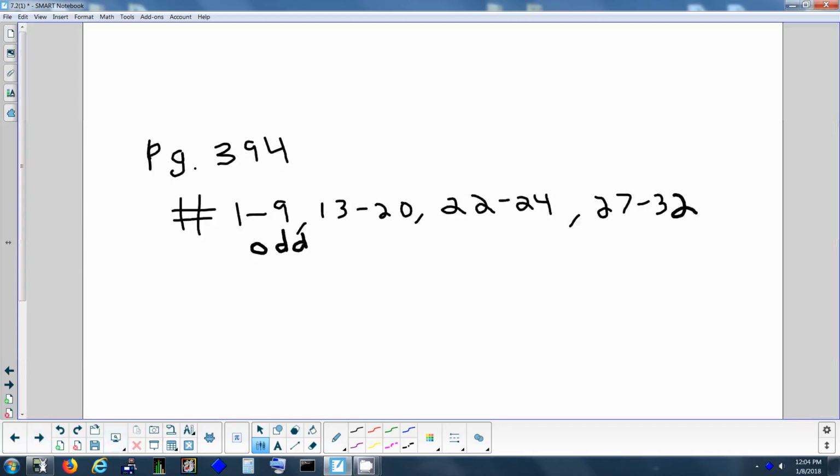You just type it in on the calculator and hit enter. And 22 and 24, you can use a calculator as well. It says not to, but don't worry about it. And then 27 to 32, it's all calculator. So you need a calculator for almost every problem. Is it odd for all of them? 1 through 9.